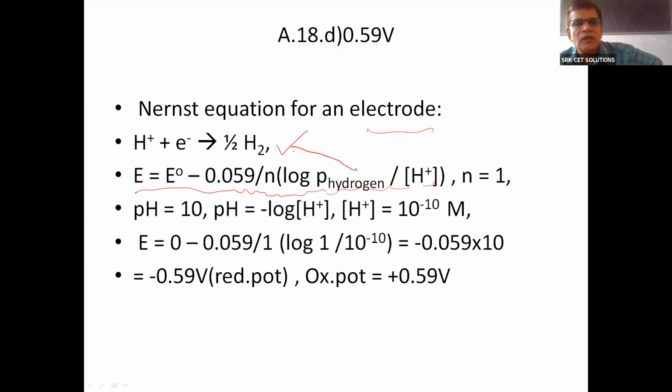In this equation n, the number of moles of electrons, is 1, then the molar concentration of H plus we find out from the pH. When pH is 10, the concentration of hydrogen in molarity is 10 to minus 10. So now you substitute: the standard potential is 0, then you substitute this value, you get minus 0.059 into 10. That comes to minus 0.59. But that one is for the reduction reaction. Reverse the sign, and that will be for oxidation. So that is the oxidation potential.